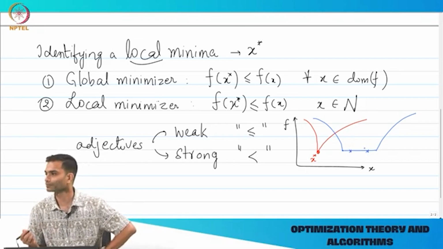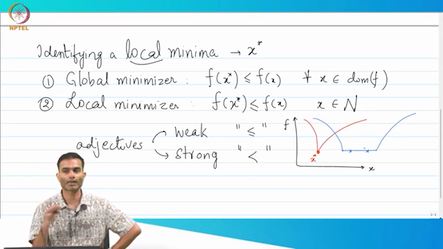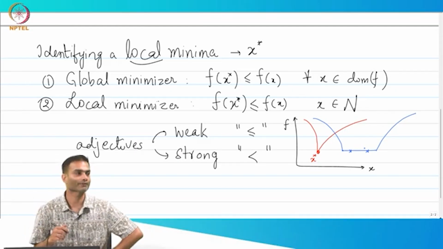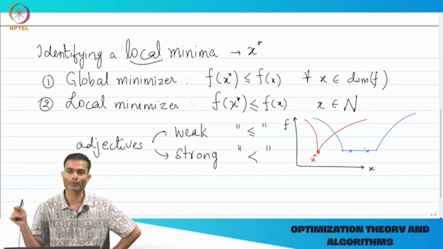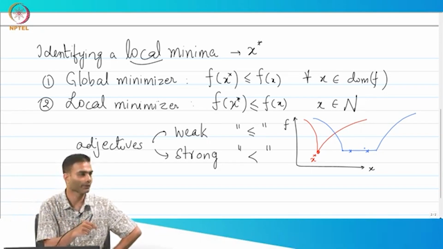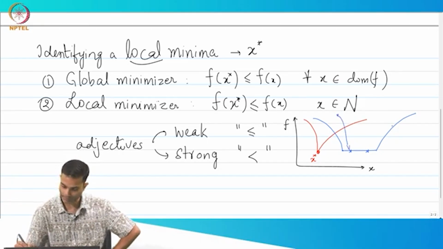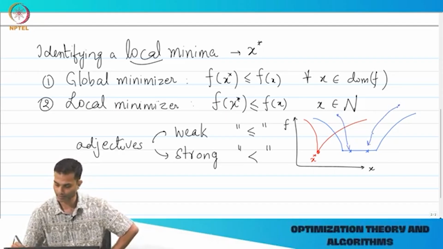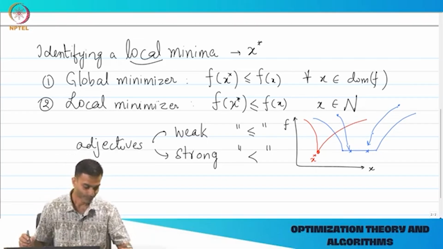They're all correct, right? Now, what we'll see is that in the whole game of optimization, particularly when we're talking about non-linear optimization, your starting point becomes important. Where you start often determines where you end. So you could start from some point over here and maybe end up here, or you could start from here and end up over here, right? That's why it's important to know whether it's weak or strong.